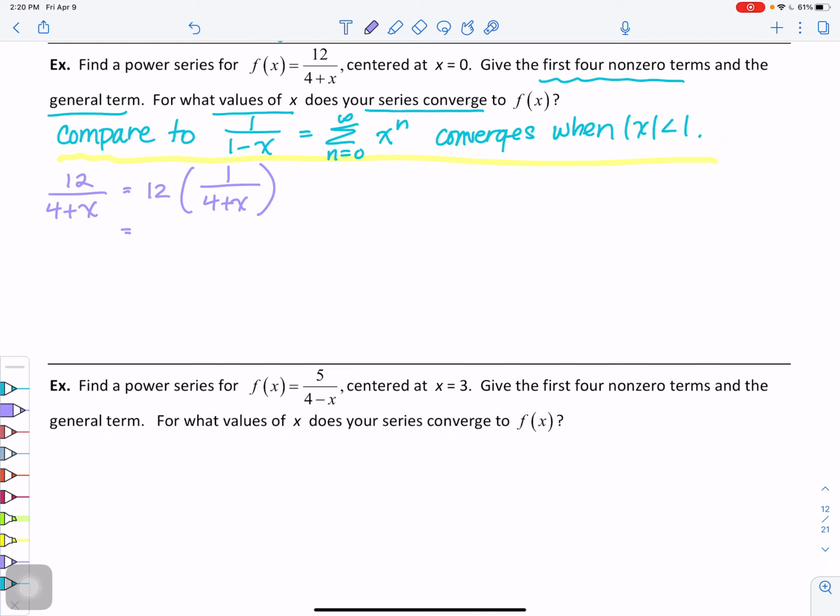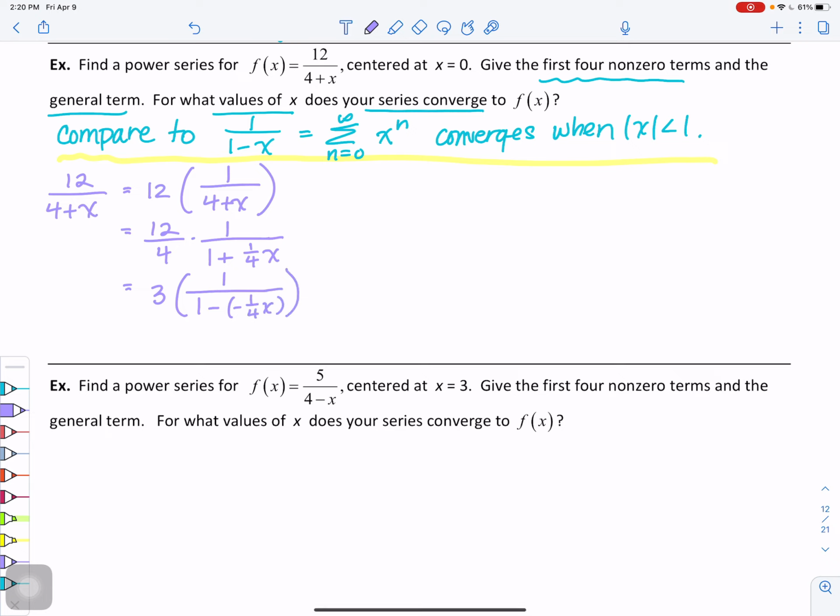Okay, or how about this, factored out a 4? Let's factor a 4 out of that denominator. I would have 1 plus 1/4 x. Okay, now I'm getting close. I need a minus sign there. So I will have 3 times 1 over 1 minus a negative 1/4 x.